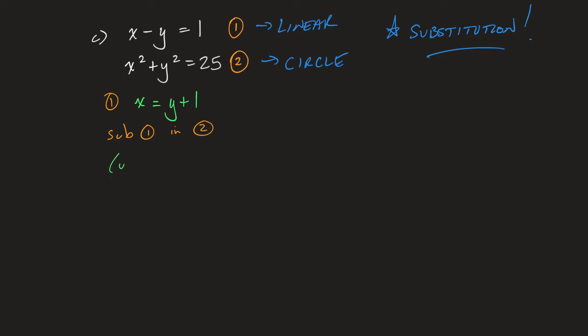So wherever I see the x, I can replace it with y plus 1. And I now have equation 2 all in one variable, and I'm good to go. So what I'd like you to do right now is work your way through and solve the rest of that system, or at least let's solve for y. Okay, pause the video now, give it a shot.